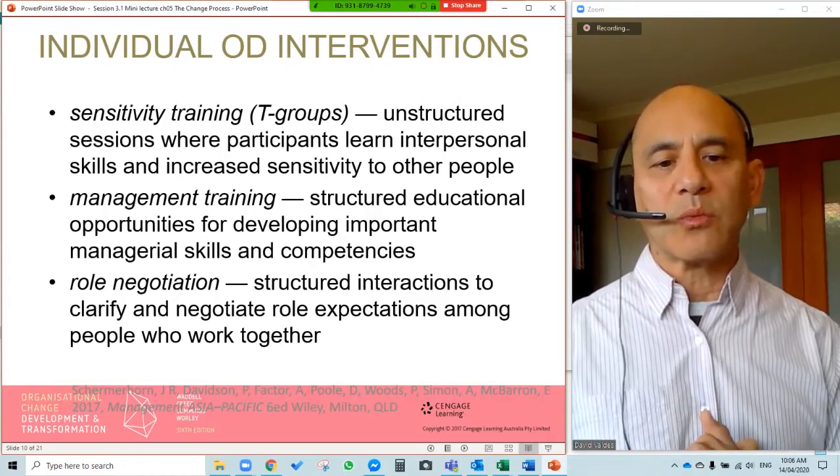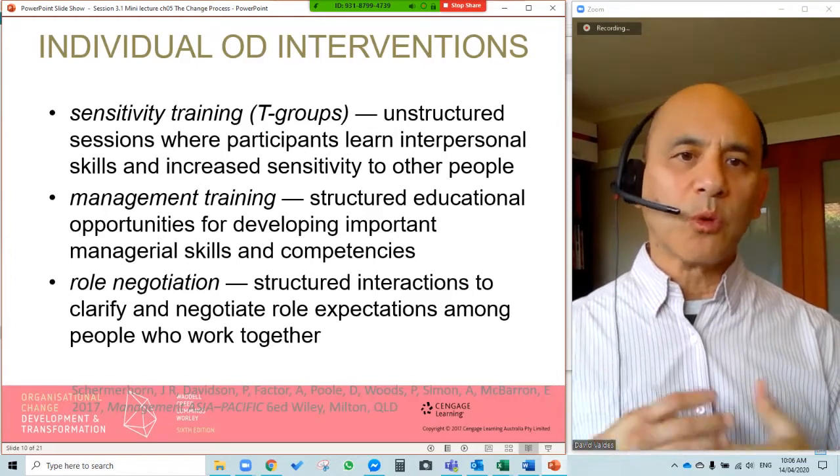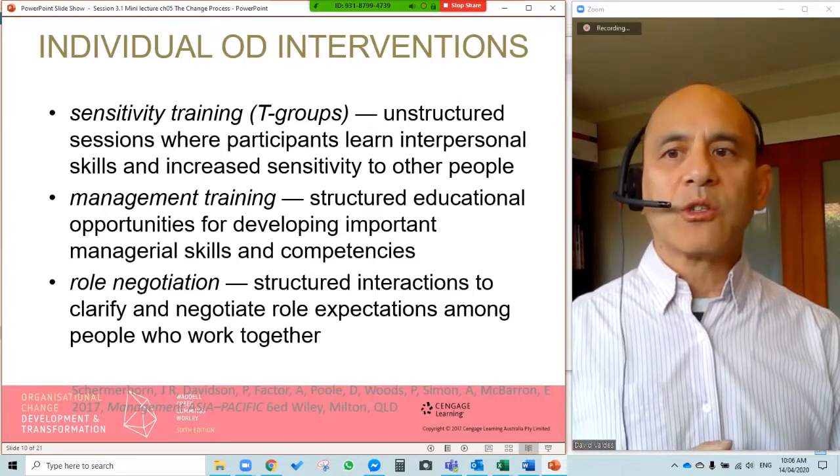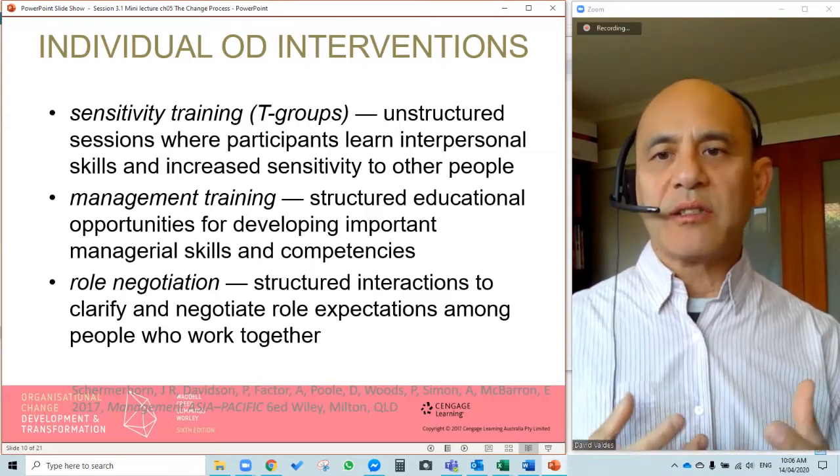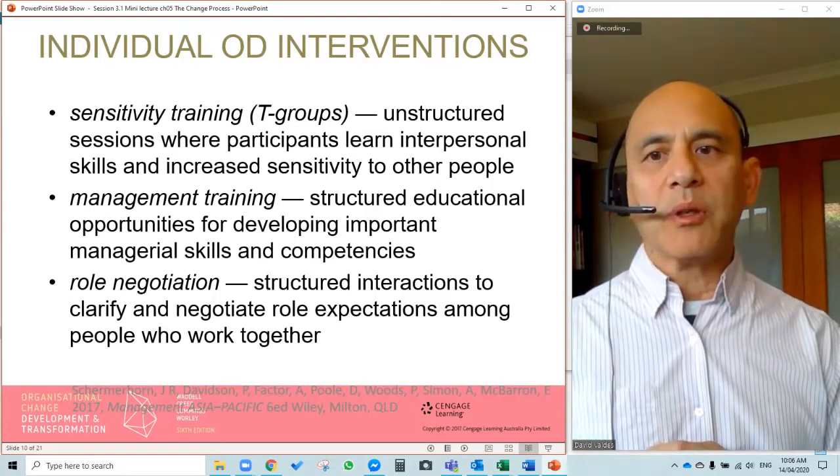What that means is we're trying to improve their emotional intelligence so that they can be more sensitive to the way they deal with other people.